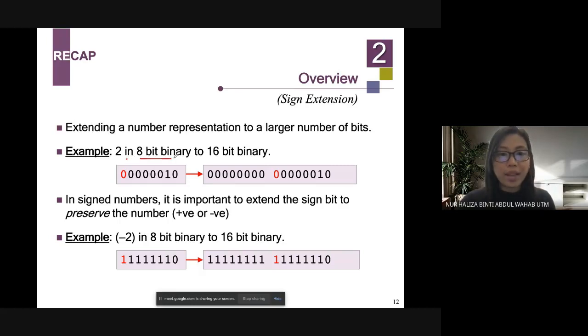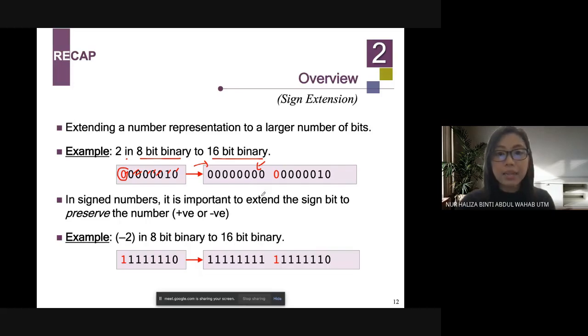If you have 8-bit binary and want to convert to 16-bit binary, how are you going to convert it? Let's say you have 1, 2, 3, 4, 5, 6, 7, 8. So this is an 8-bit binary number. Over here it's 0, which means it is positive. When you convert it into 16 binary bits, basically there is no value in front, so you just put 0, 0, 0.